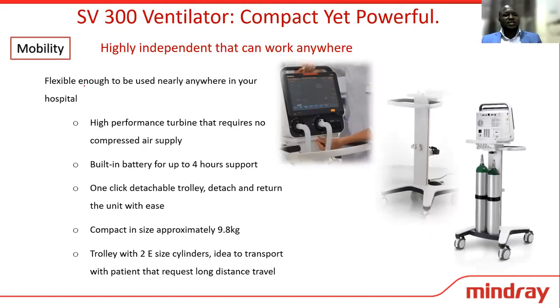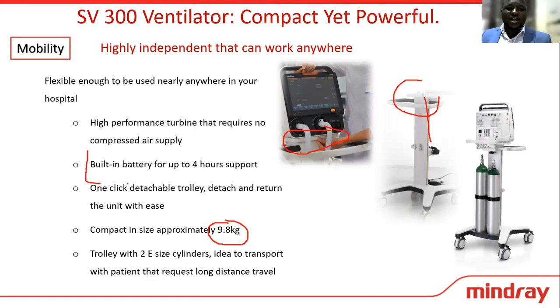In terms of mobility, these ventilators are able to detach from the main trolley by the press of a button. And this is a trolley. So you see it has been detached from the main unit. You use this ventilator to do intra-hospital transportation while ventilating your patients efficiently. It has a light weight of 9.8 kilograms, which is negligible in terms of carrying this ventilator.